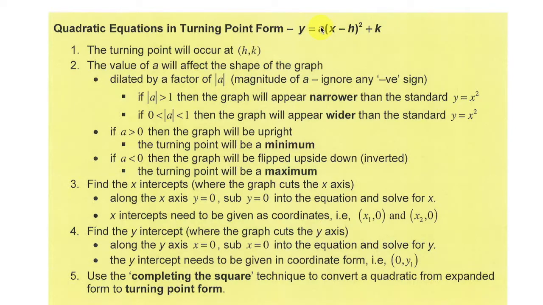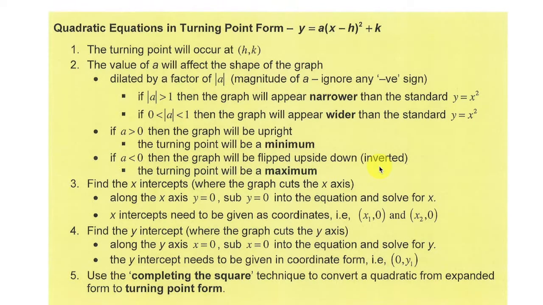The effect of a, the number outside the bracket, is the same as it was previously stated. So the magnitude of a, so if a is greater than 1, narrower. If the magnitude of a is a fraction, it will appear wider. If a is greater than 0, it will be upright. If a is less than 0, it will be inverted.